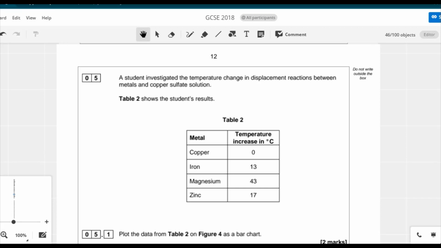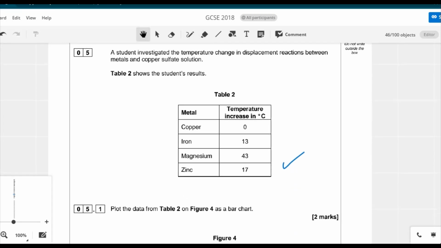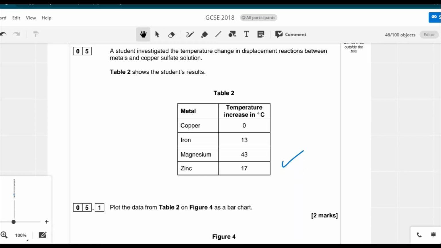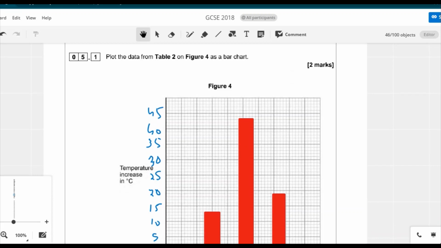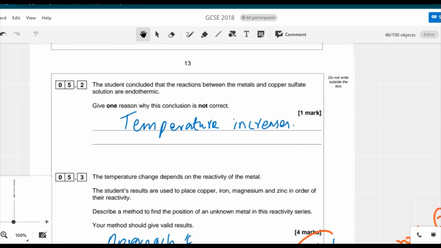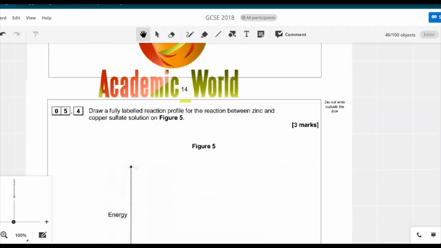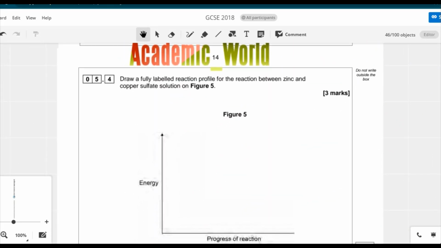Here we can use the temperature from here. So the temperature is increasing or decreasing along with the use of zinc with copper sulfate, the reaction profile for the reaction between zinc and copper sulfate solution.